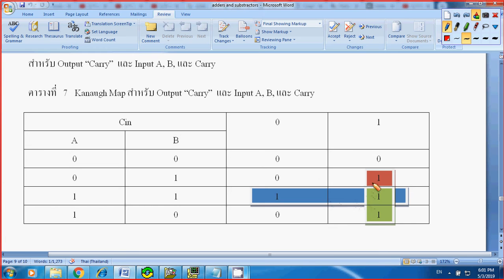So in this case we have 4 terms. 1, 2, 3, 4. We can minimize the terms by applying the Karnaugh map. Okay, let's see here. The blue one.